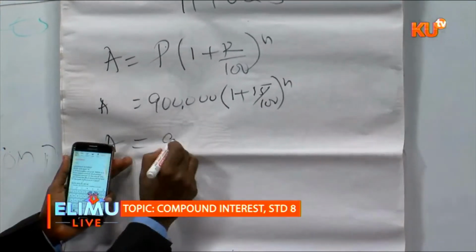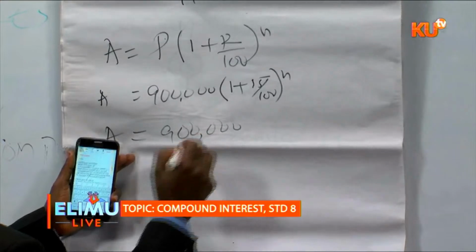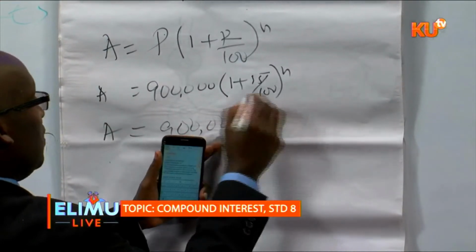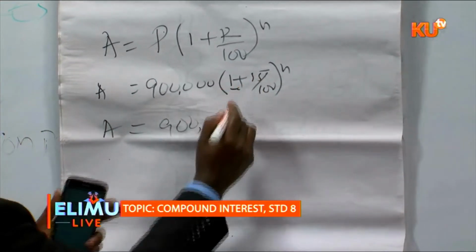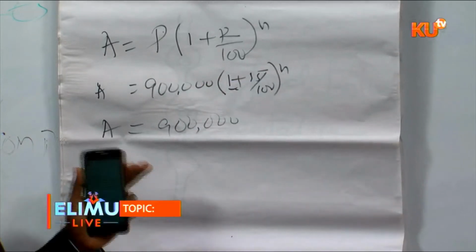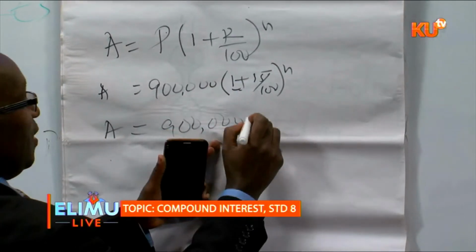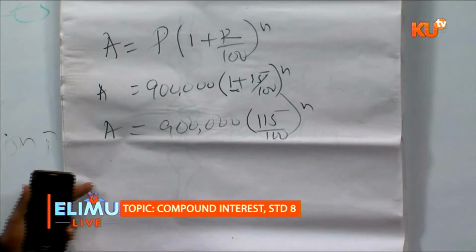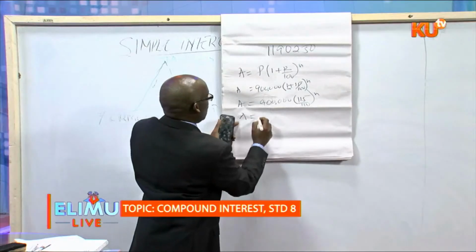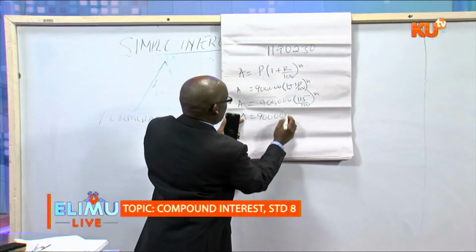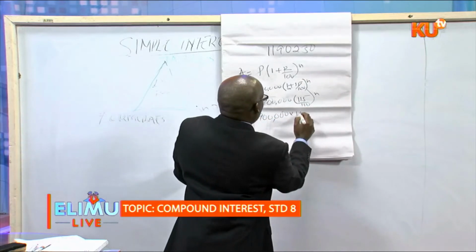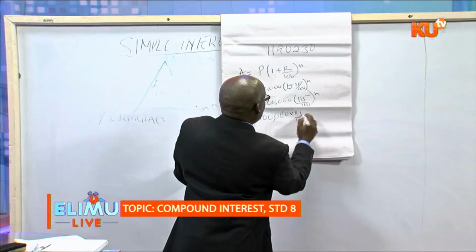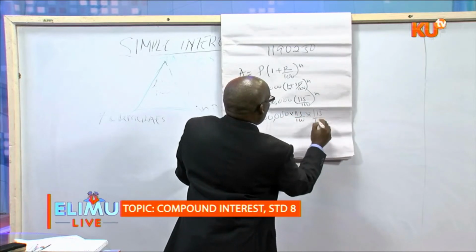So if you add 1 plus 15 over 100, this will give you 115 over 100 to the power of n. So the amount will be 900,000 times 115 over 100 times 115 over 100.